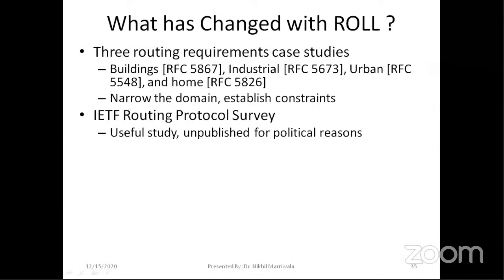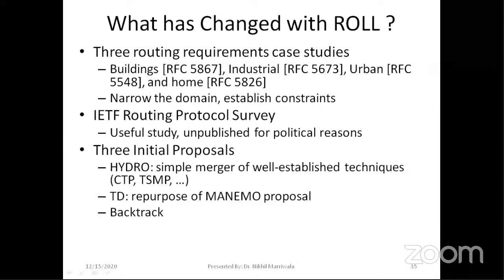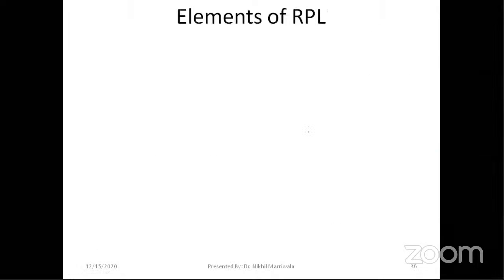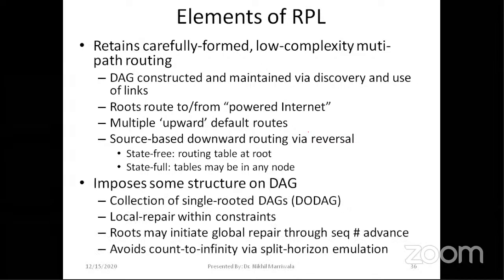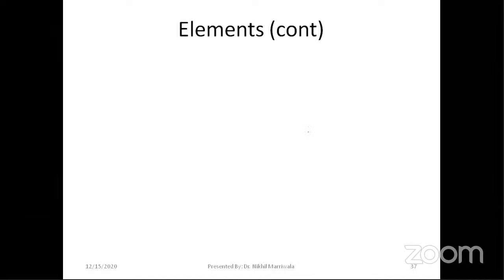IETF for the routing protocol survey, and the initial proposals, that is HYDRO, TD, and BACKTRACK, right? These are some of the elements utilized by low complexity multipath routing, which retains the carefully formed structure that is then constructed. These are some of the newer versions of the protocols being utilized for self-learning networks.